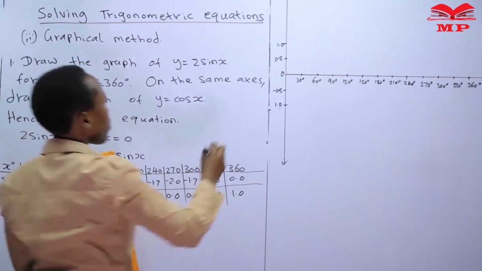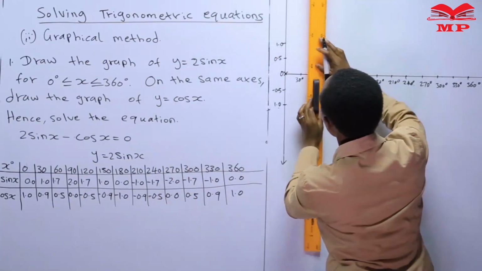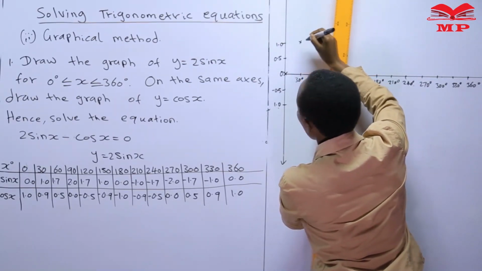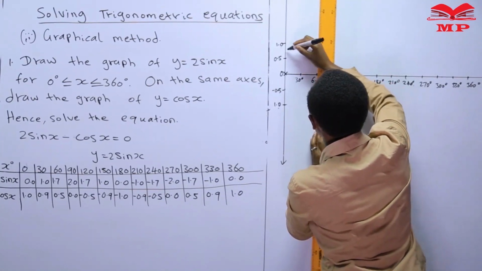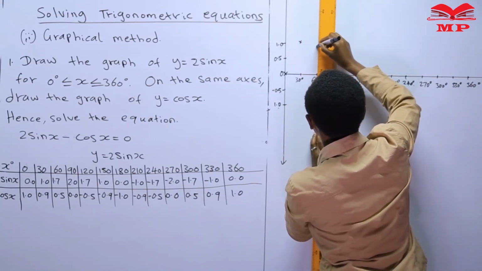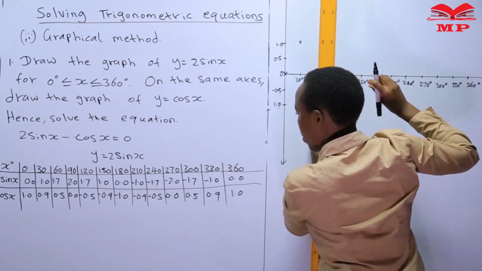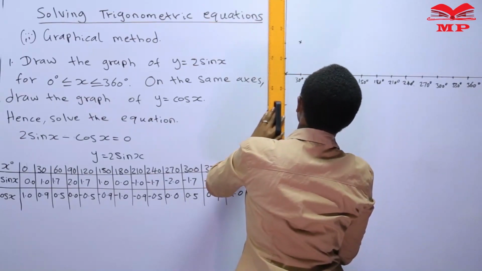We have 0, 0. Then we have 30, 1. We have 60, 1.7. So the highest is 1.7, so we need to add this.